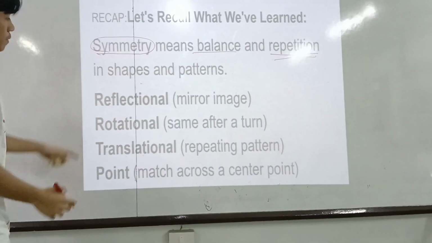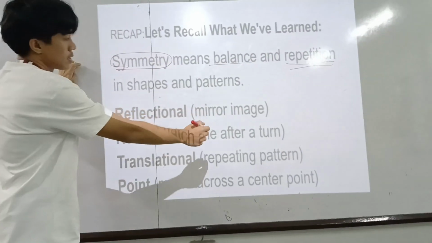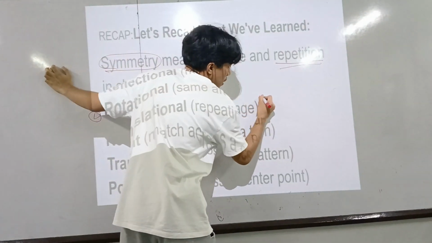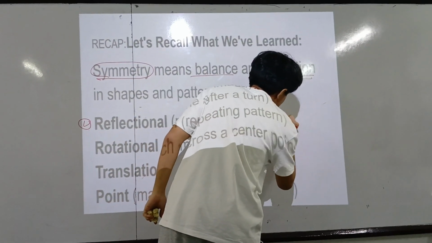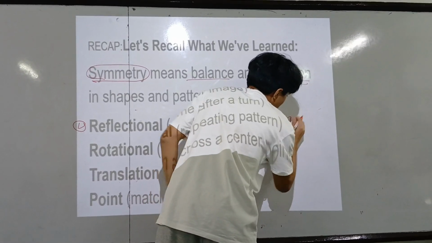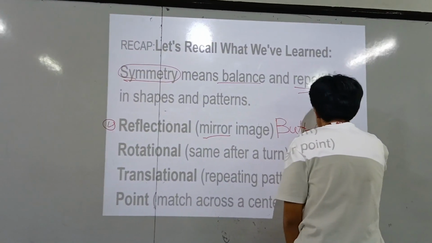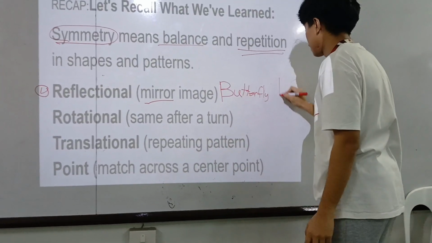Number 1, we have reflectional, which is a mirror image. For example, we have a butterfly.